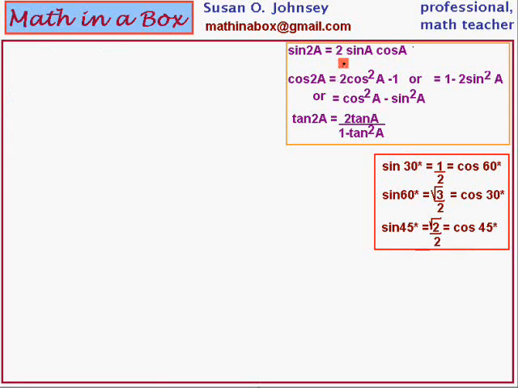I have written the double angle formulas over here in this new box. The sine of a double angle, the cosine of a double angle, and the tangent of a double angle. Now you'll notice that the cosine of a double angle has actually 3 different formulas that can be used.